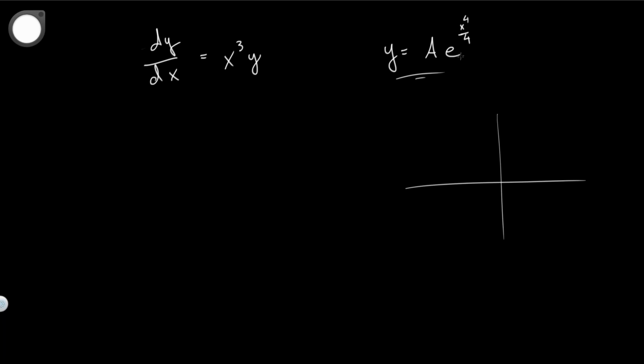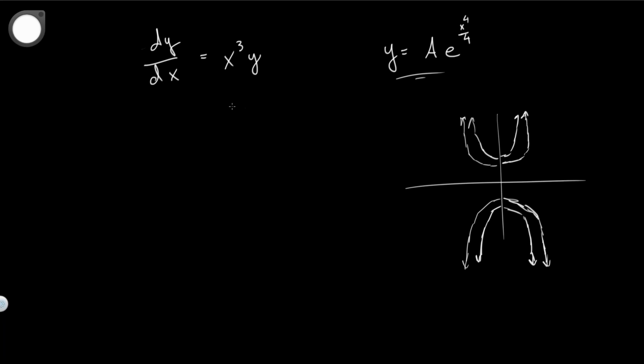This graph, a times e to the x to the 4th divided by 4, looks like this. But that's if we have a value for a. Like maybe it looks like that, maybe it looks like that. Maybe a is negative and it's down here. This is all the possible graphs of solutions to this differential equation.